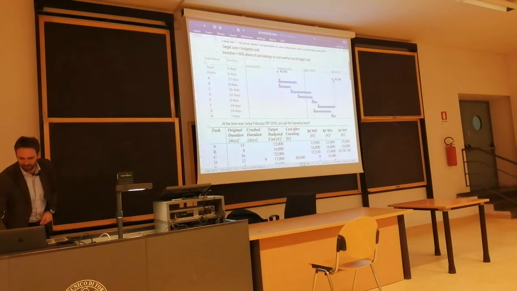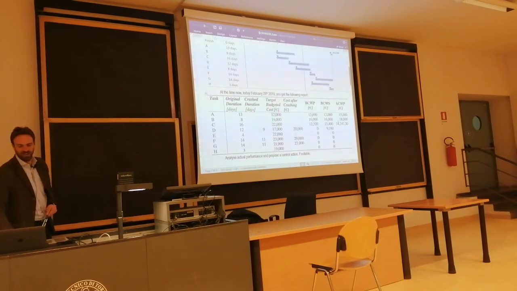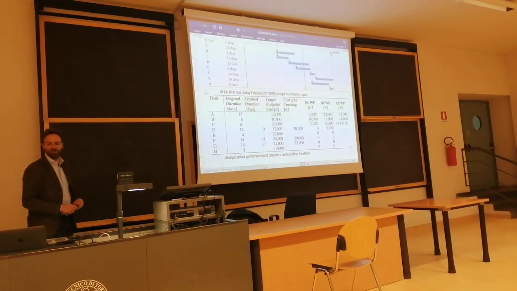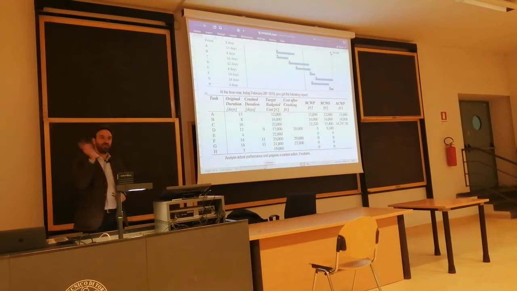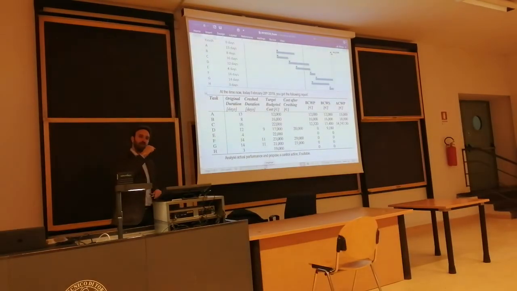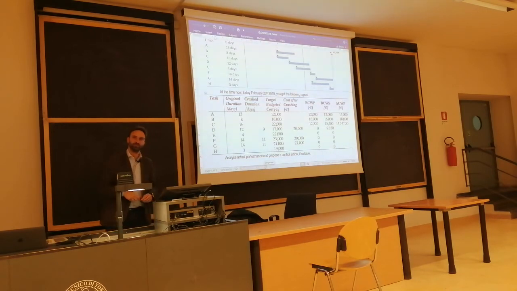Here, it's February 28th. It's the time now. The project started on February 1st. Activity A was finished, B finished, and you have all performance analysis. I'd like you to analyze actual performance and propose a control action if suitable. So very similar to exercise number 2 in previous exam.